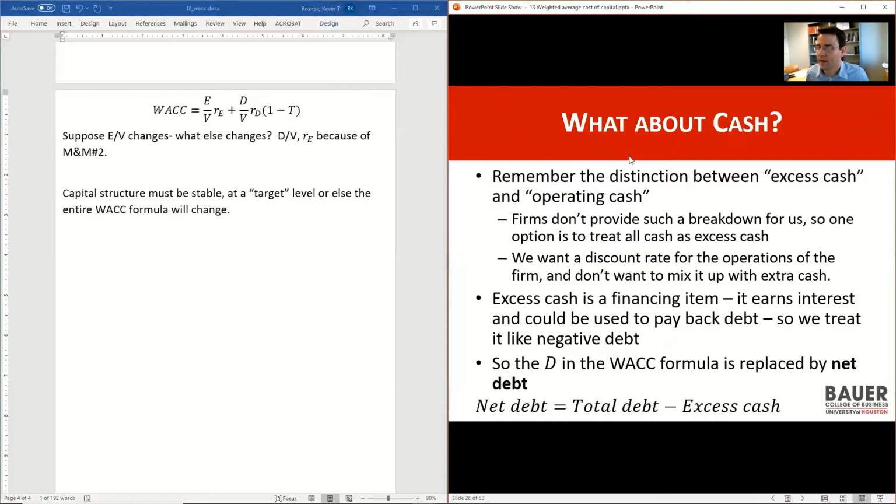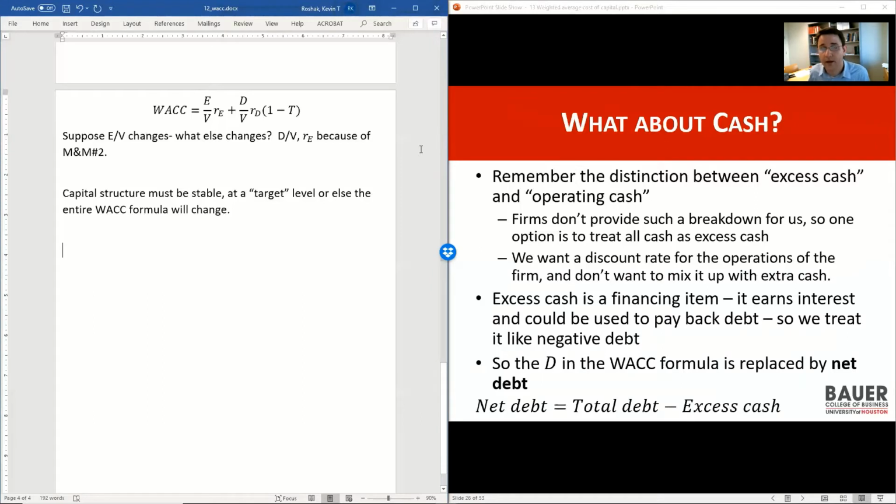The next detail is about cash. Now, cash is always a special account. When we studied free cash flows, we know that cash was treated differently. If it was excess cash, we left it out of the free cash flow calculations. Something similar is going to be happening here.